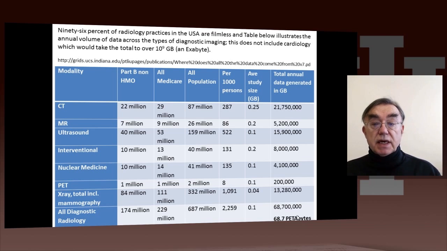And it points out that if you added cardiology, that will take the answer to over an exabyte. That's 1,000 petabytes. These sound big, but actually the amount of data produced every year is measured not in exabytes, but in zettabytes, and a zettabyte is 1 million petabytes.